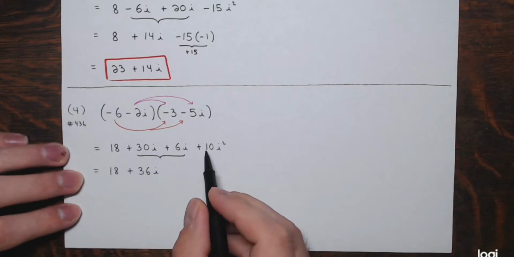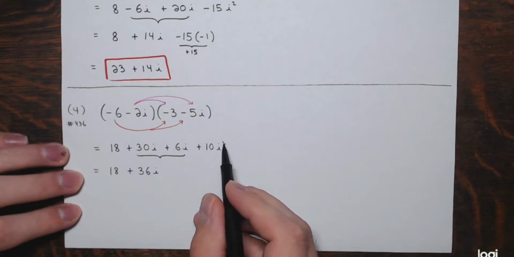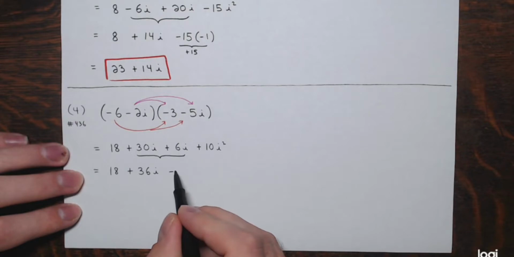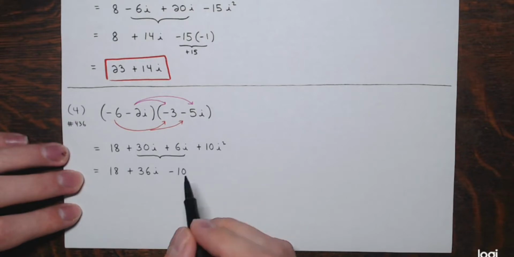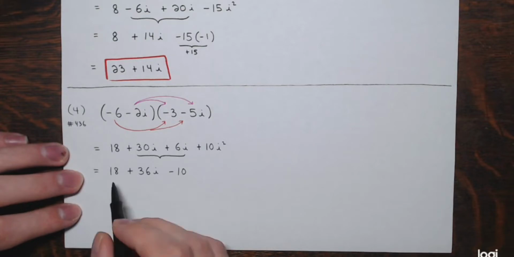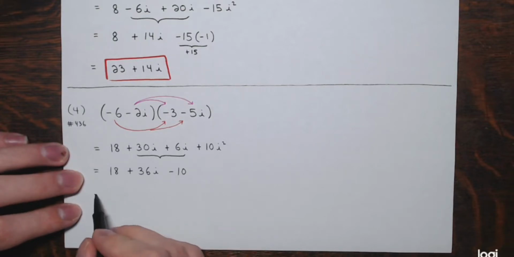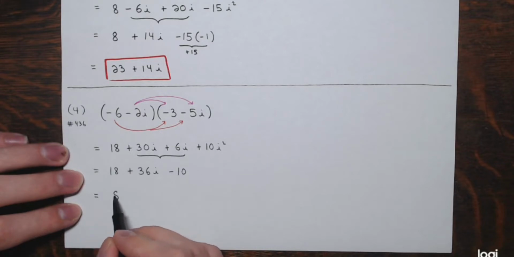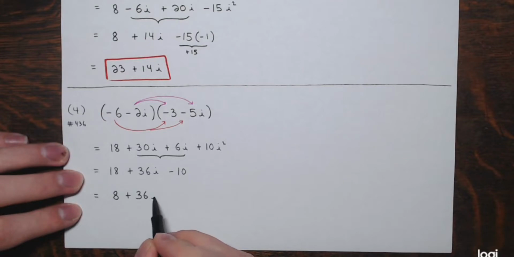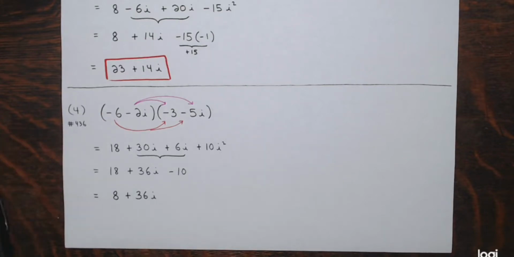And then plus 10i squared is minus 10, because i squared is negative 1, don't forget. And then combining the real numbers, 18 and negative 10 make positive 8. So I end up here with 8 plus 36i as my final complex number result.